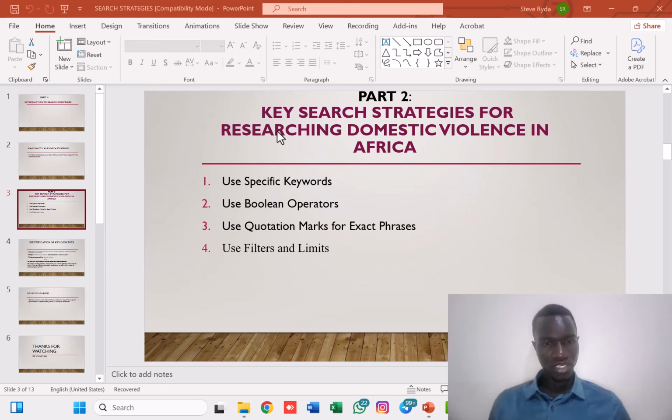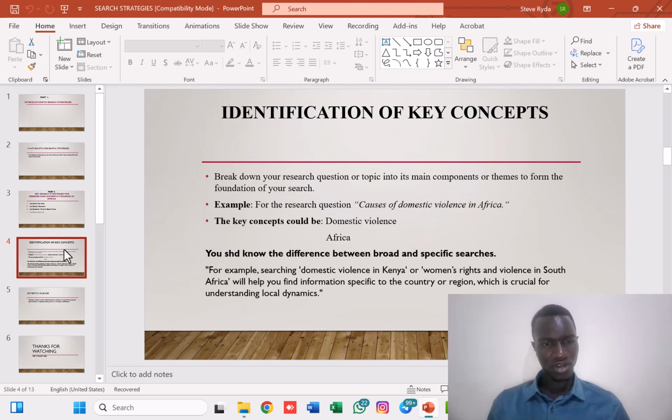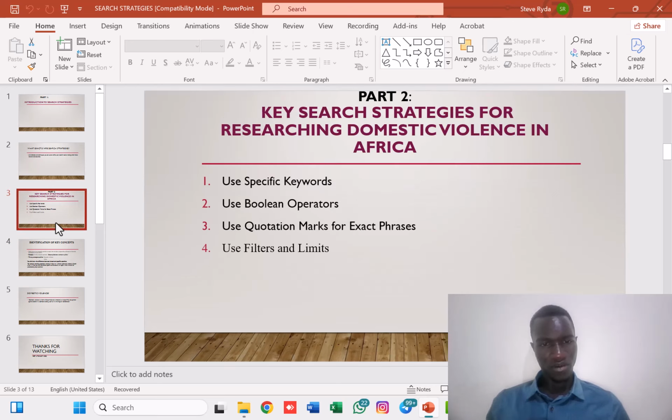We are using these tools or methods to extract information that is more and more relevant. So when we are using these keys, we can now use identification of key concepts.